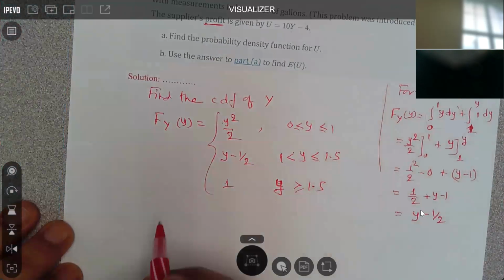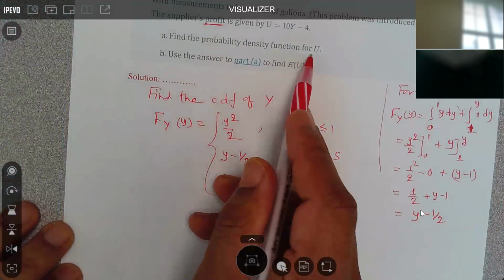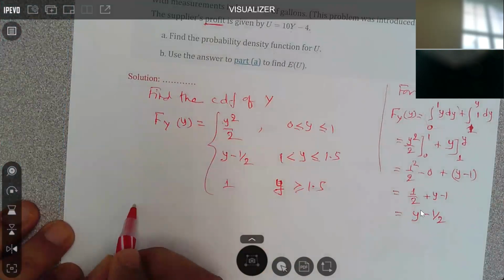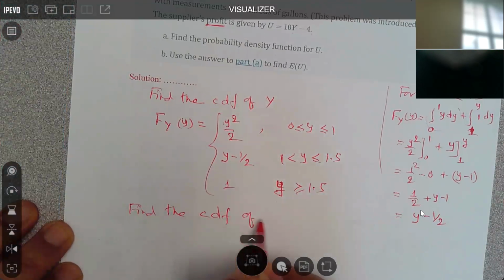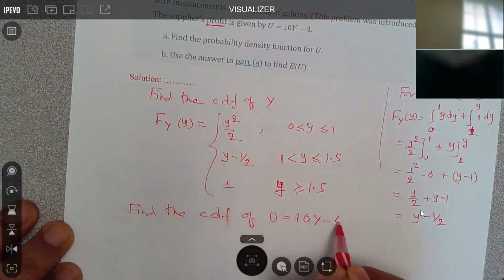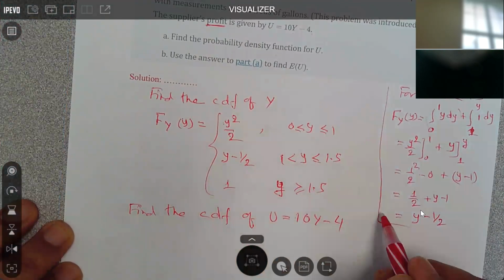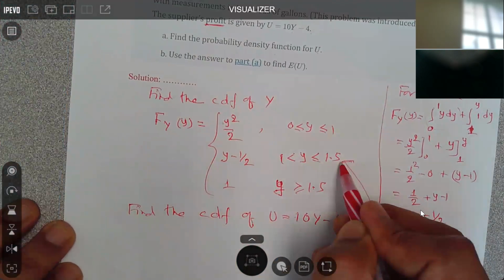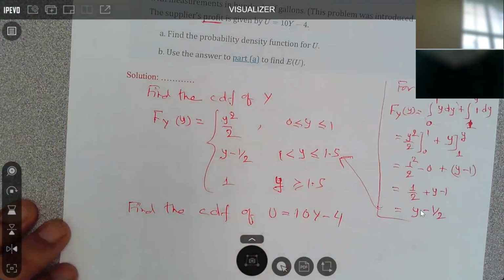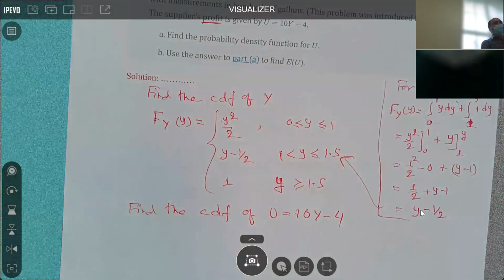Now you want to find the density function for U. Now find the CDF of U equals 10Y minus 4. Okay.